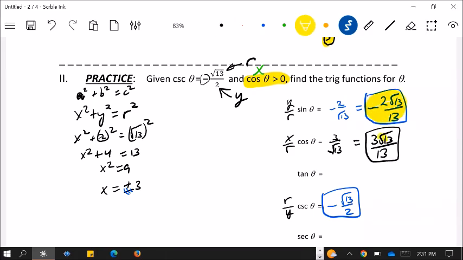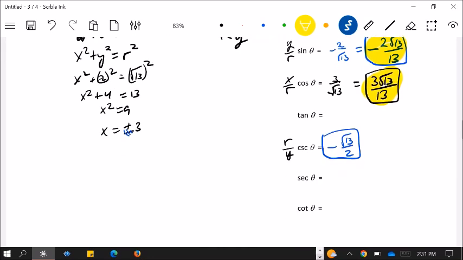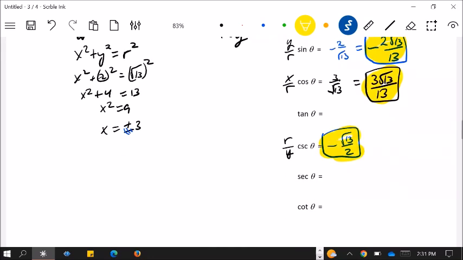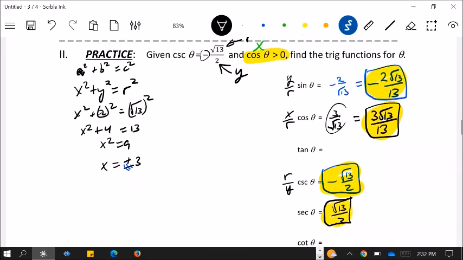And now let's do these. Immediately I can take the reciprocal of it and bring that to secant, square root of 13 over 3. And last, now for tangent. For the tangent, we need the opposite over adjacent, which is the same as the y over the x.